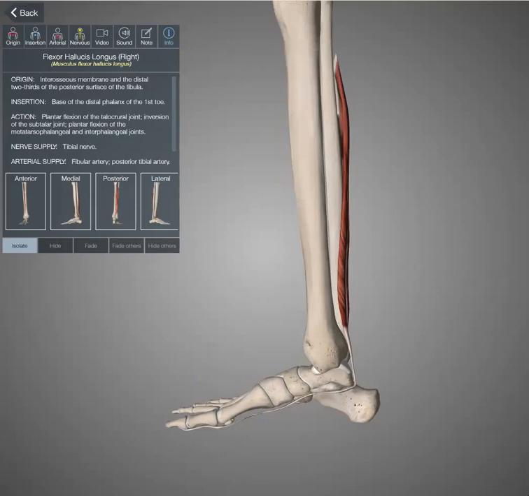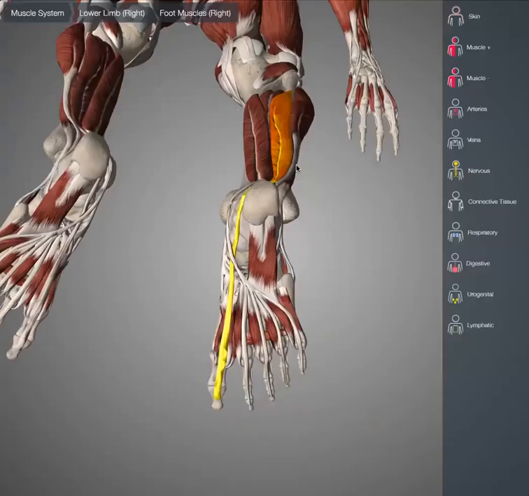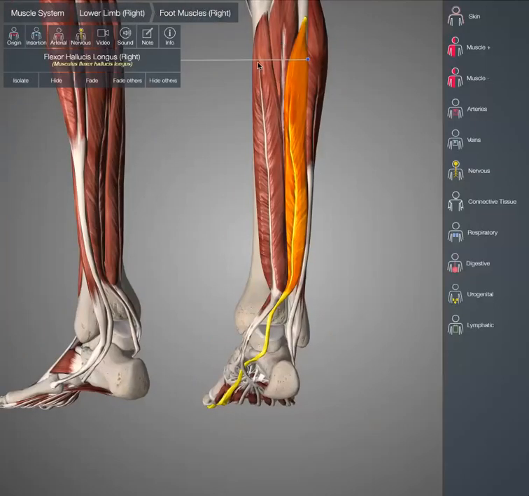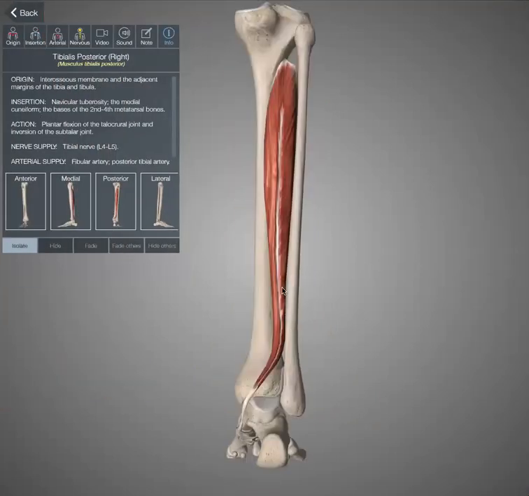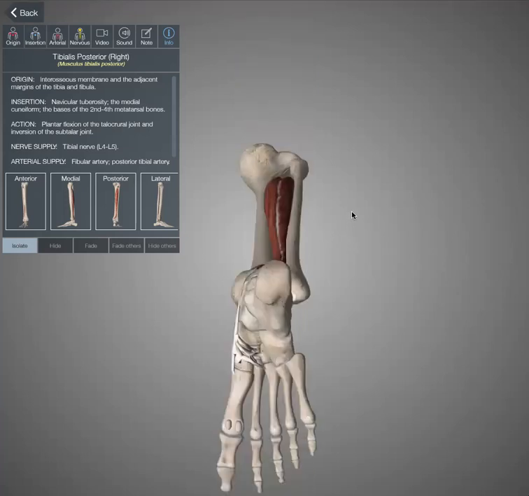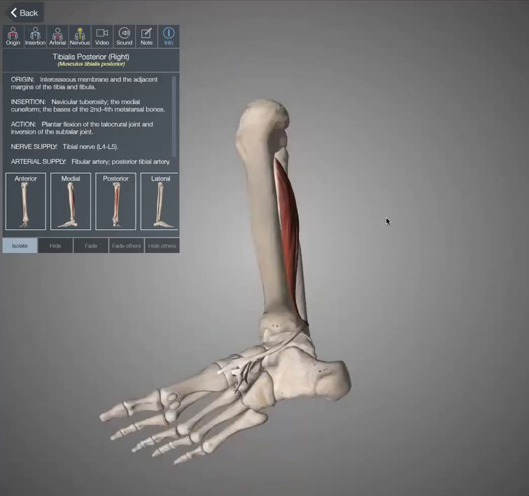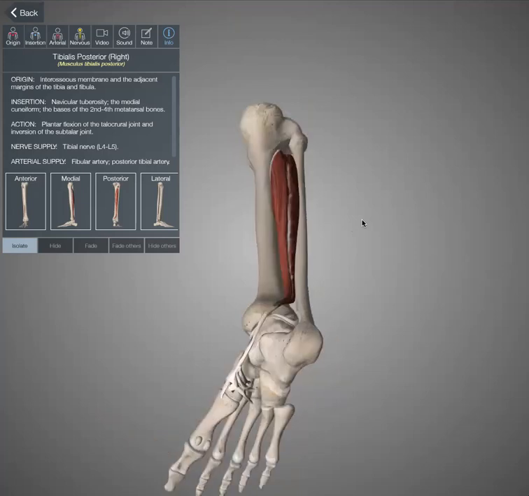And finally, we have the muscle called tibialis posterior, found under flexor hallucis longus and flexor digitorum longus. It's called tibialis posterior and attaches at this location in the foot. It is the deepest of all the four muscles in the posterior compartment, and it lies between flexor digitorum longus and flexor hallucis longus.